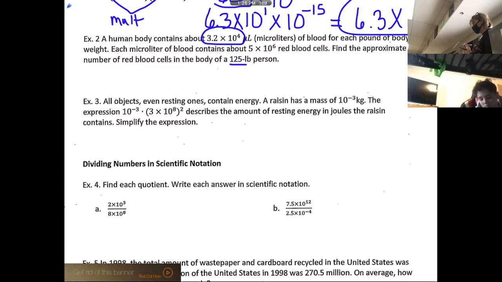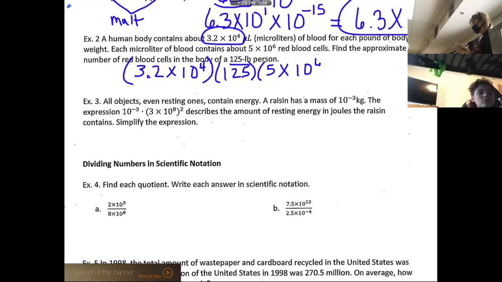But we have a 125-pound person, so what should we do? We're going to multiply 3.2 times 10 to the fourth times 125, but that just tells us how many microliters. Now we need to find out how many red blood cells. So we need to multiply this by 5 times 10 to the 6.